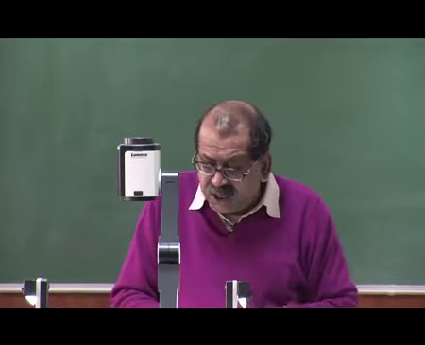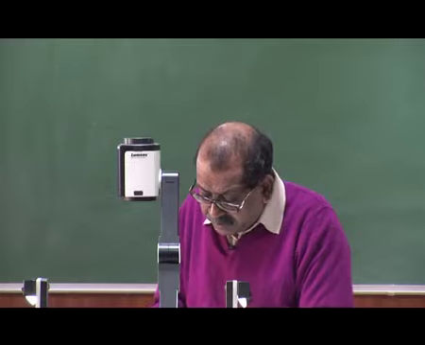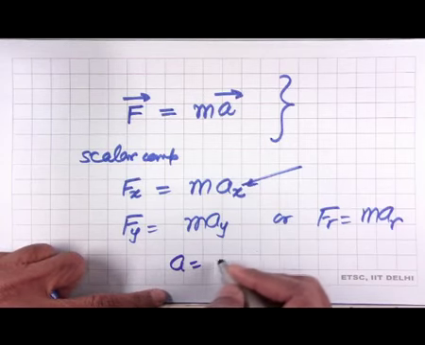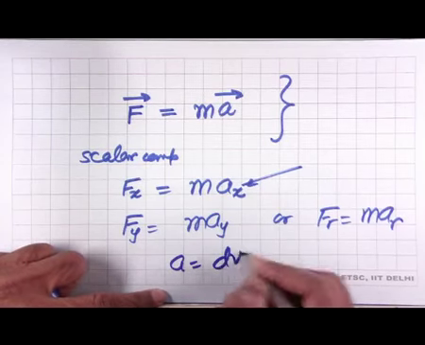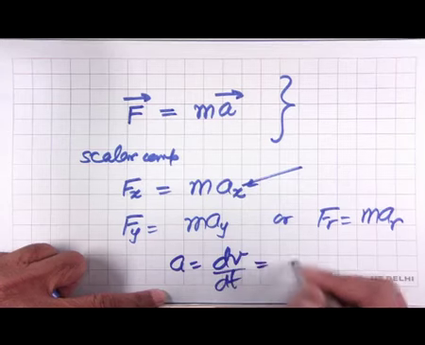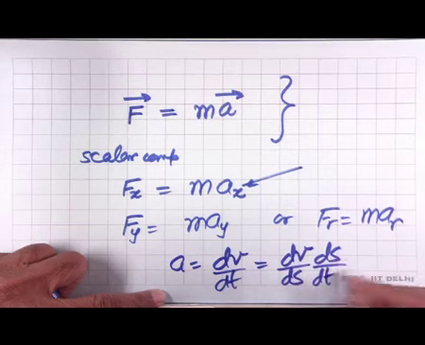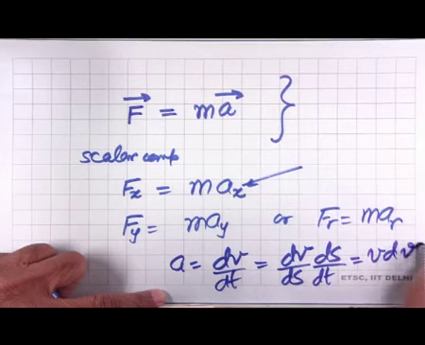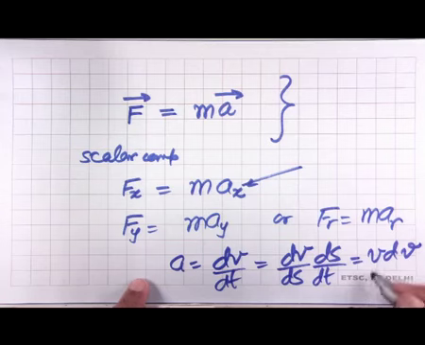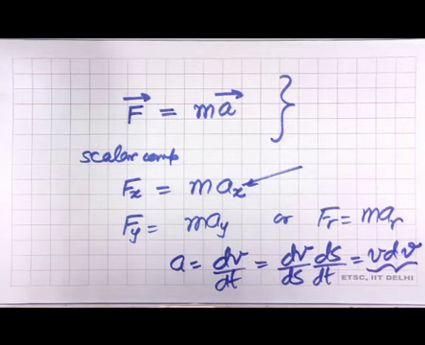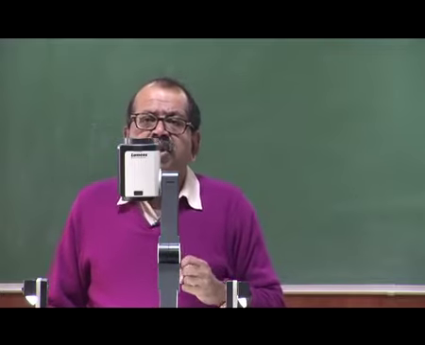Also, the other thing is, we have this acceleration, which we can write as dv by dt, and this we can write as dv by ds into ds by dt, which is v times dv. Using this form, we will get to what is called the work energy formulation.